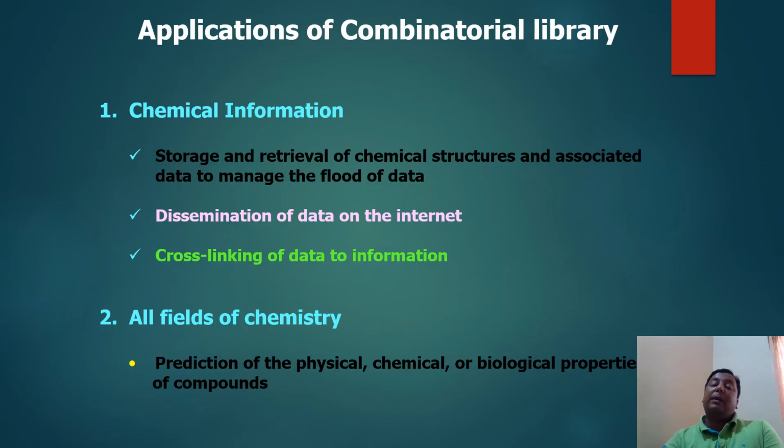So what are the applications for this type of database, for these chemical libraries or combinatorial libraries? First is chemical information. We need to store and retrieve chemical structures and associated data to manage the flood of data.